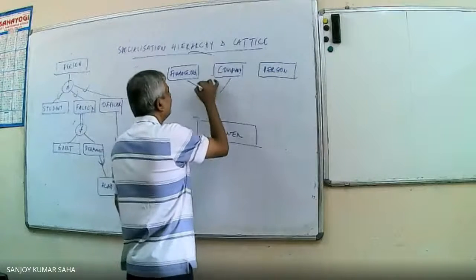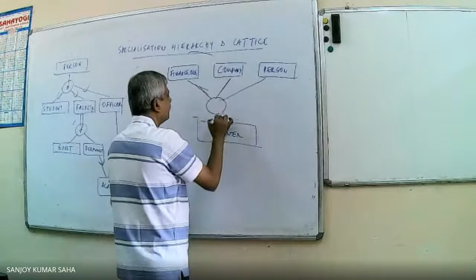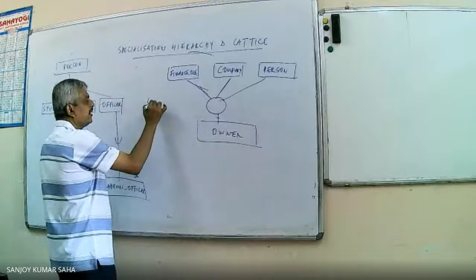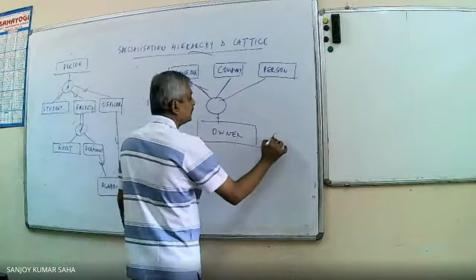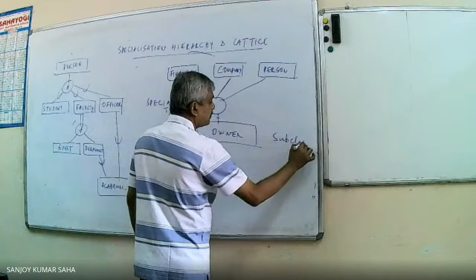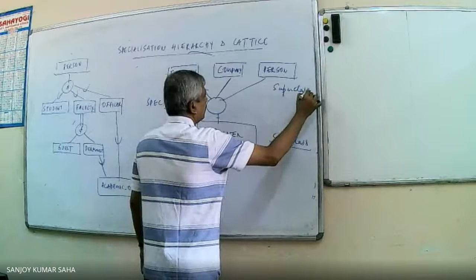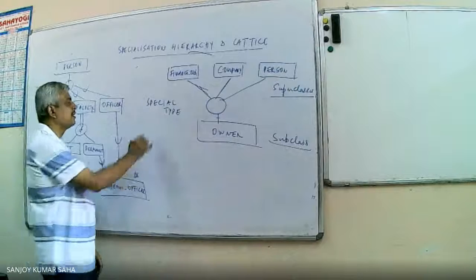Then see, this is a special type of superclass-subclass association. This is a subclass, and these are the superclasses. So it is having multiple superclasses.